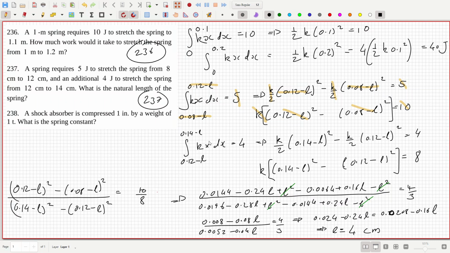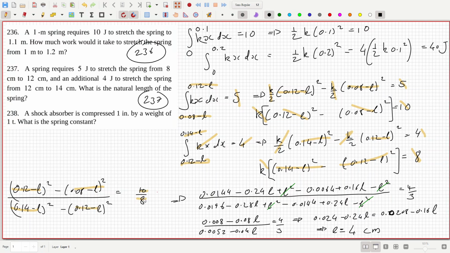So I assume that's a 4 and not a 9. 12 to 14, kx is 4, k over 2, 14, 12. 4 multiplied by 2 is 8, take out the k, that's that. Right, so divide the 10 by the 8.